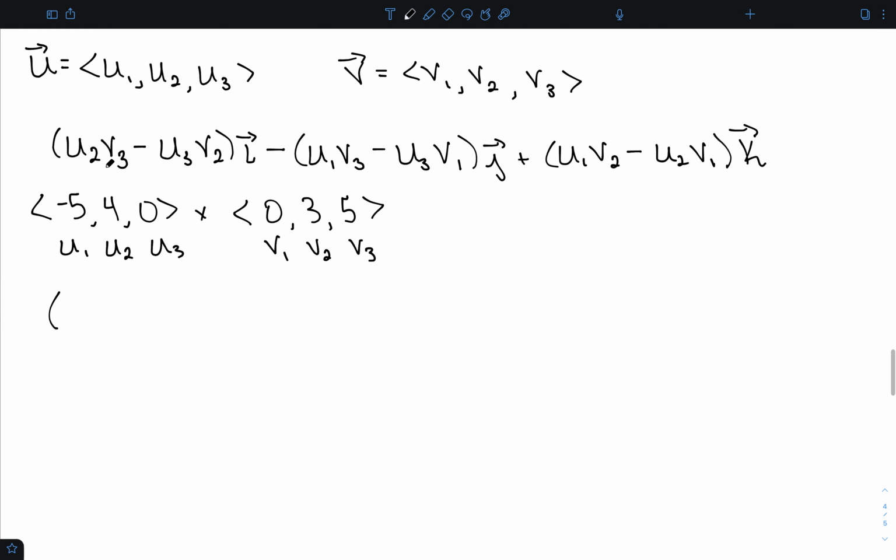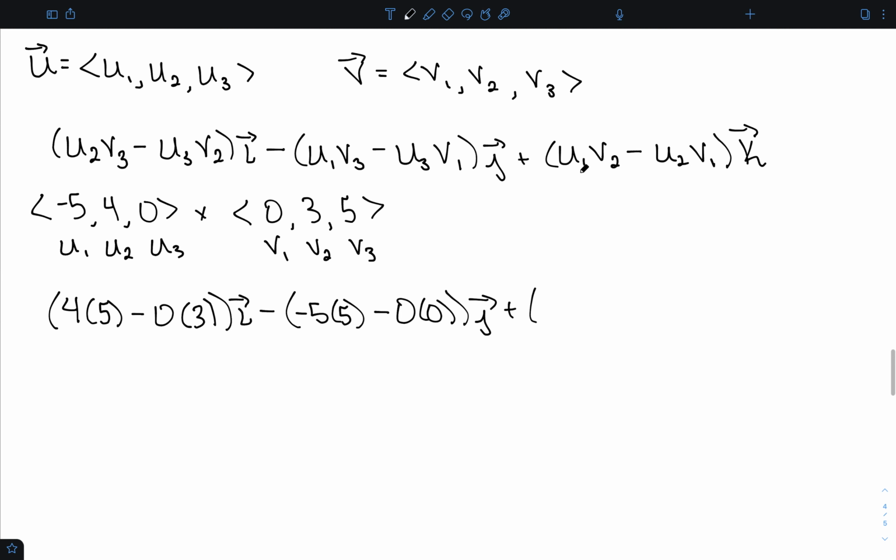So when I use this formula, u2 times v3, that would be 4 times 5, minus u3 times v2, 0 times 3, times i, minus u1 v3, that's -5 times 5, minus u3 times v1, 0 times 0, j, plus u1 times v2, that's -5 times 3, minus u2 times v1, 4 times 0, k.